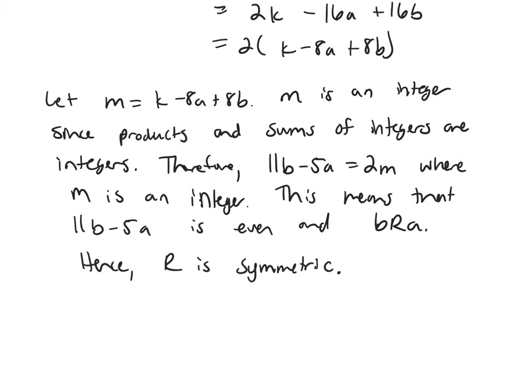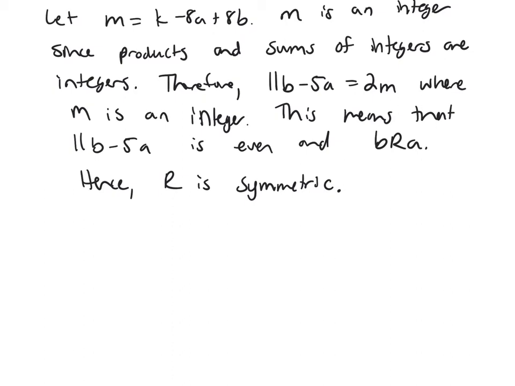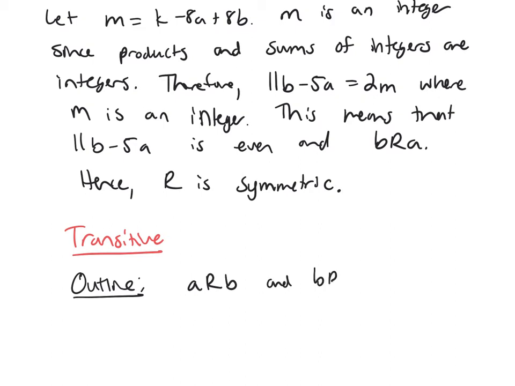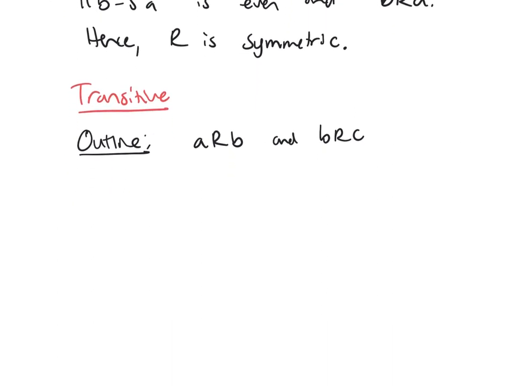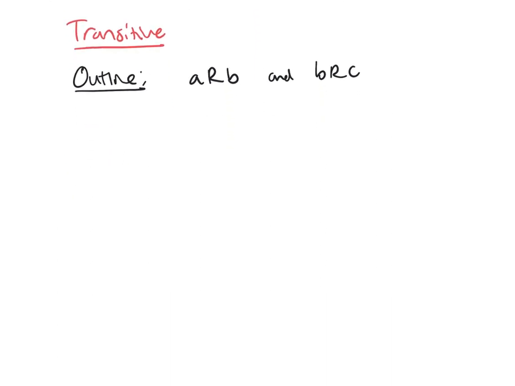Now the very last property we need to show is that R is transitive. So we're going to do an outline again for our proof. You start with A relates to B and B relates to C, and you need to conclude that the end of your proof will be that A relates to C. So what does it mean if A is related to C?